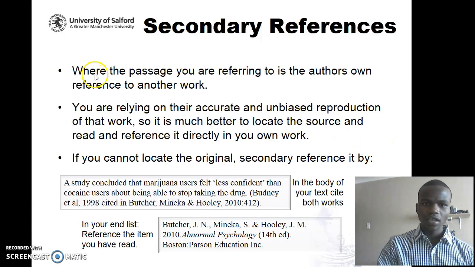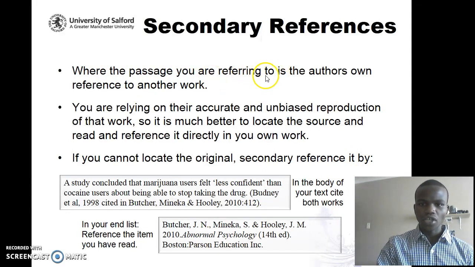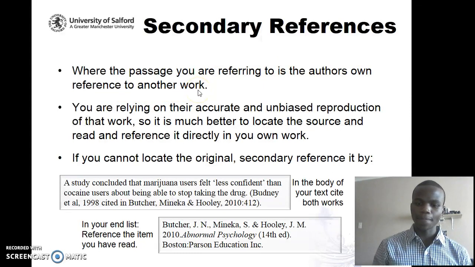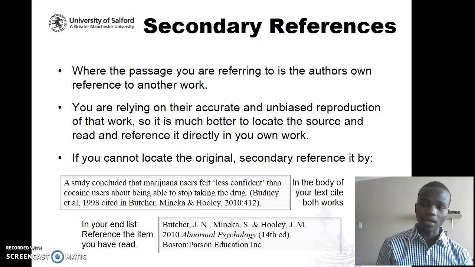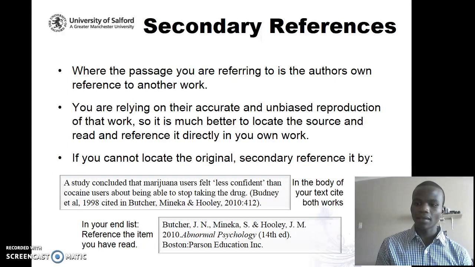Secondary referencing is where the passage you are referencing is the author's own reference to another work. Sometimes I might be using a book by Freud. I was given an assignment in my psychology module where I'll use a book by Freud, only to find out inside the book Freud has quoted another scholar.